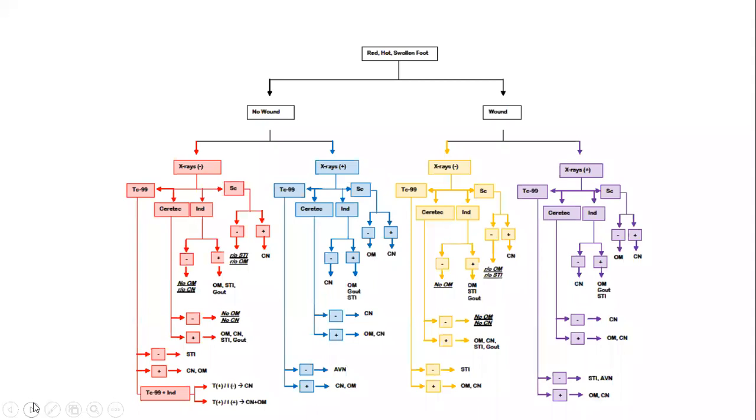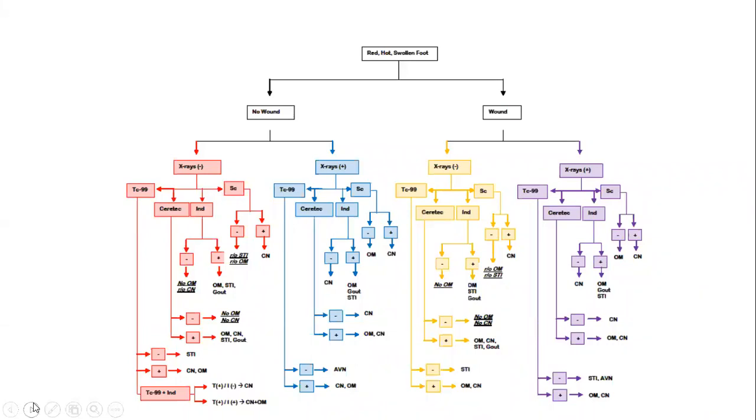I am not going to go through all this, but this is something my fellow residents and I put together when I was in residency at St. Vincent. It's a really nice little step-by-step of when you have that red hot swollen foot, and if you have a wound versus no wound, and what leads you down the path of Charcot, osteo combination, or just straight AVN or avascular necrosis of the bones.